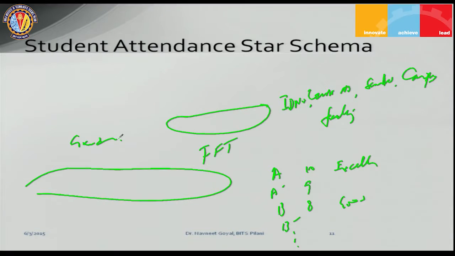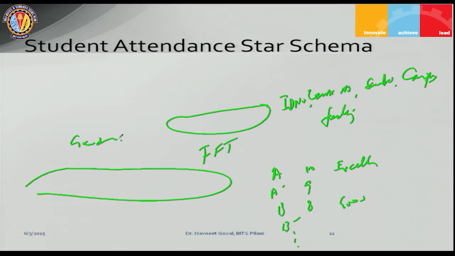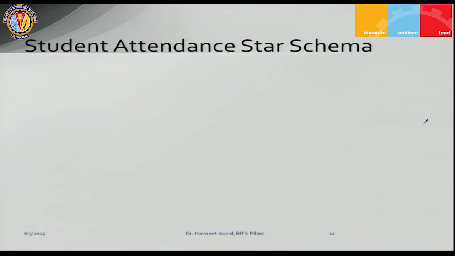Okay, so let me clear this so that I can draw the schema here. So, student attendance. You will have an attendance fact table which is factless. Here you'll have student ID, course ID, attendance, room ID, and this would be class hour ID.